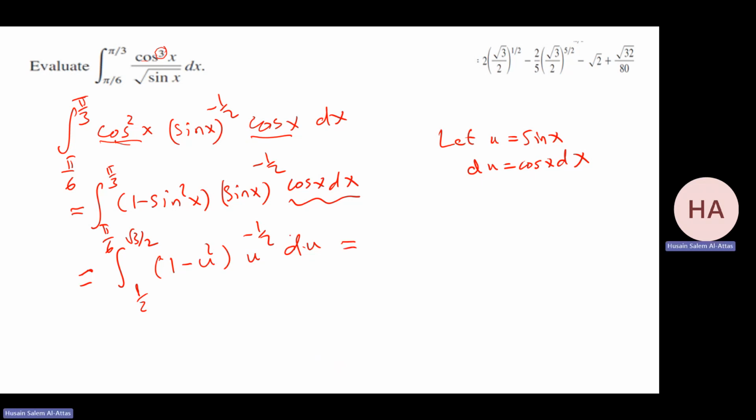In other words, the antiderivative of u to the power minus half is 2 u to the power half. This one is u to the power minus half minus u to the power 3 over 2, so minus 2 over 5 u to the power 5 over 2. From where to where? From half to square root 3 over 2.